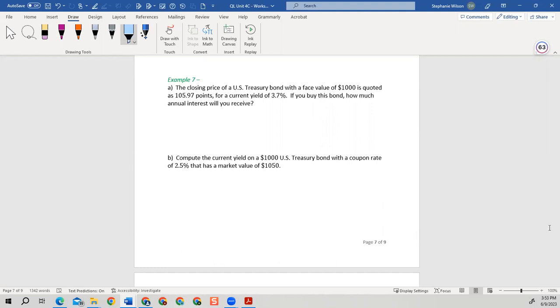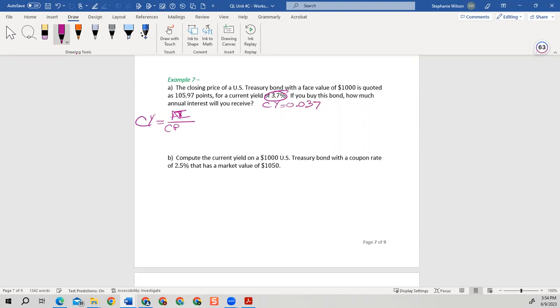All right, so let's talk about our current yield, our CY, which is equal to AI, my annual interest payment, divided by my CP, my current price of bond. Well, we know what the CY is. That's going to be my interest here, and we're going to write it in decimal.